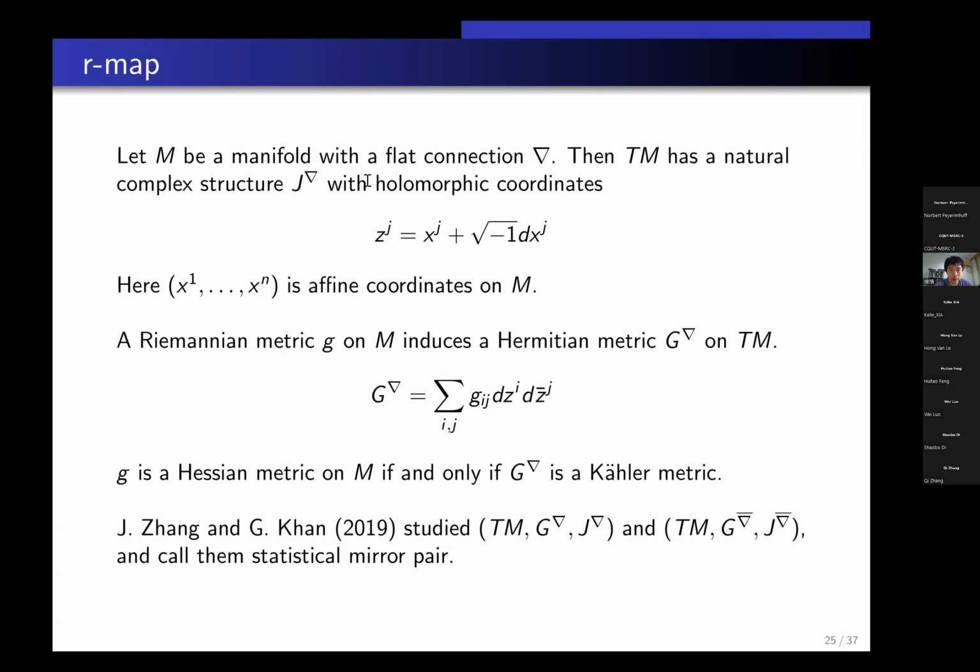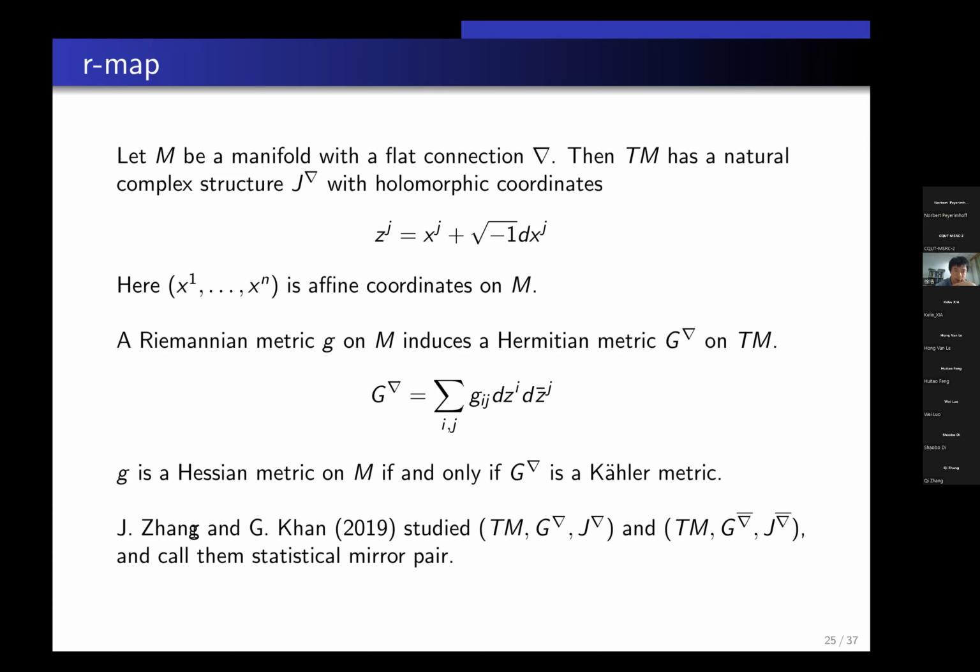So we can have this complex structure just given by using the affine coordinates. And this Riemannian metric on the base manifold induces a Hermitian metric on the tangent bundle, right? And we can show that G is Hessian if and only if this G nabla is Kahler.